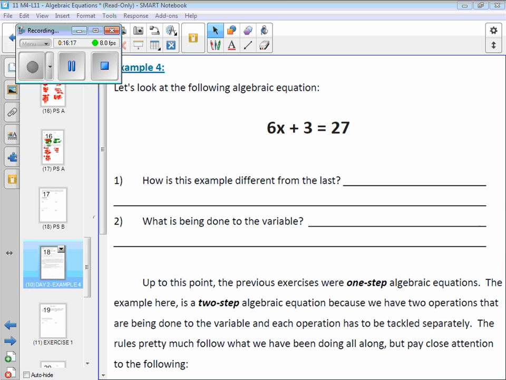Kelly? There's two things what? Not two things we have to solve, but two what? Two steps or two operations. All right. So start off by writing that out. We've been doing one operation being done to the variable. Now we have two operations being done to the variable.